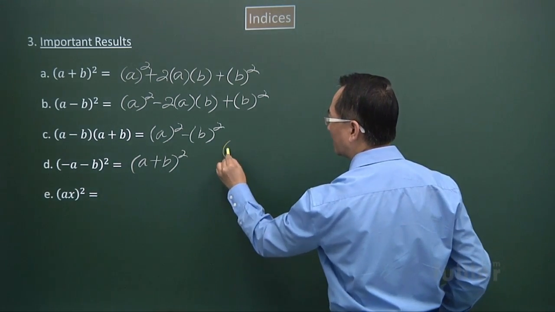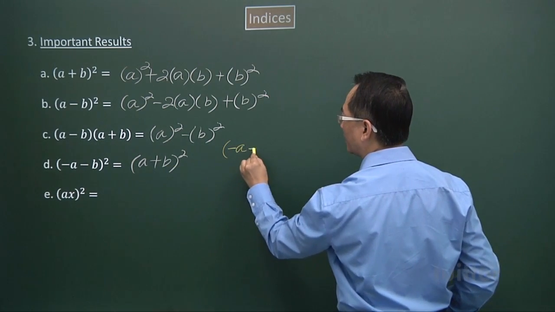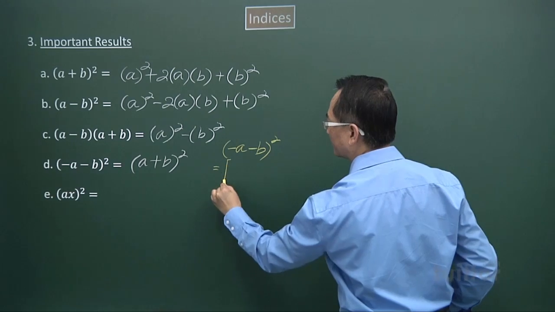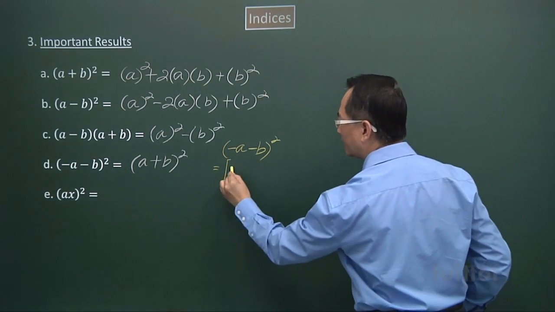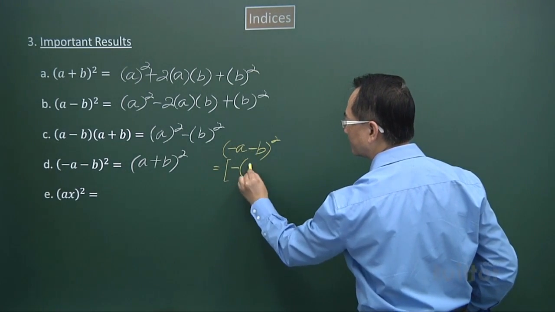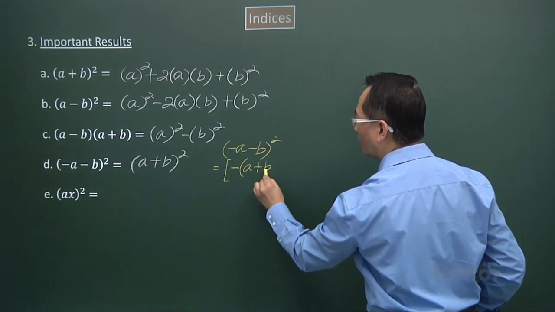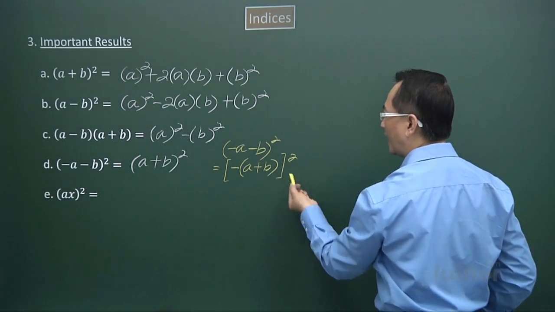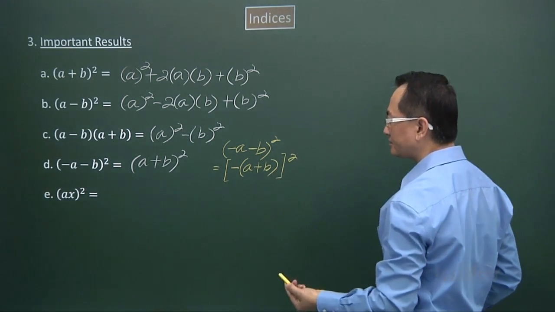Let's begin with negative a minus b squared. I can take out the common factor of negative 1. Then in the bracket, I will have a plus b, and the square is on the outside.